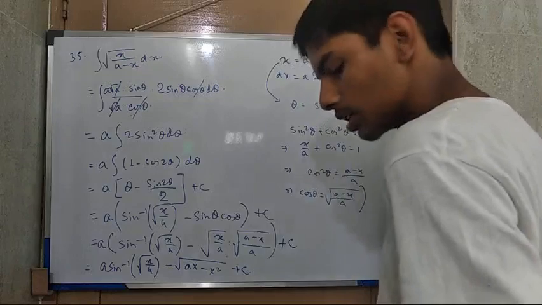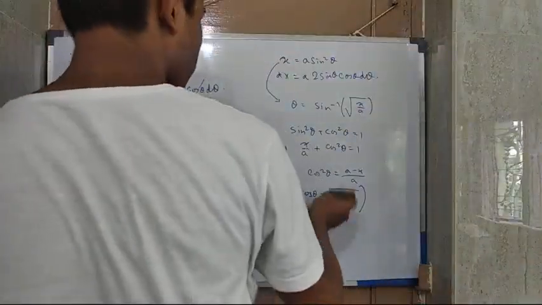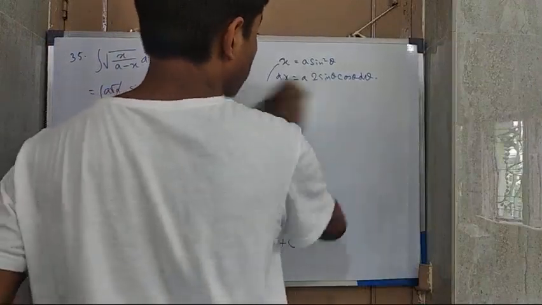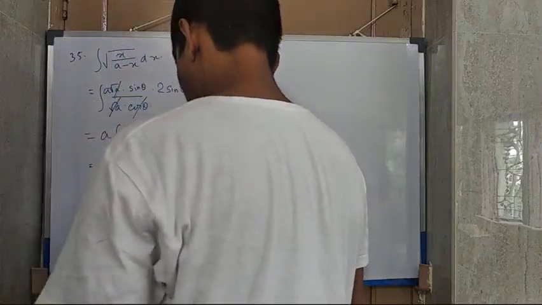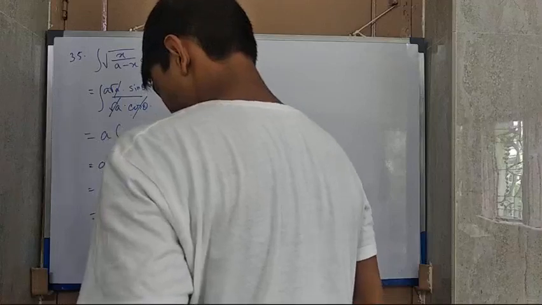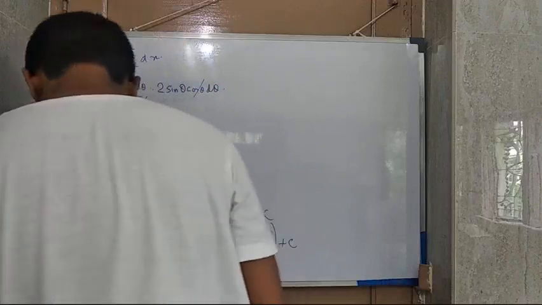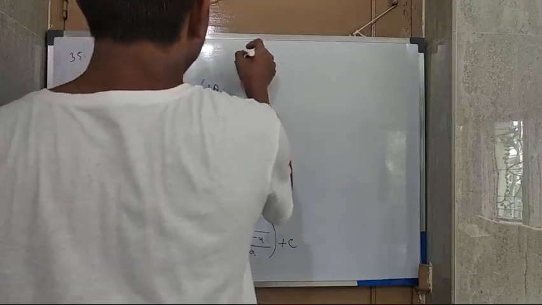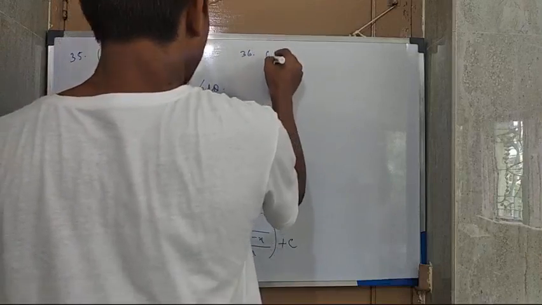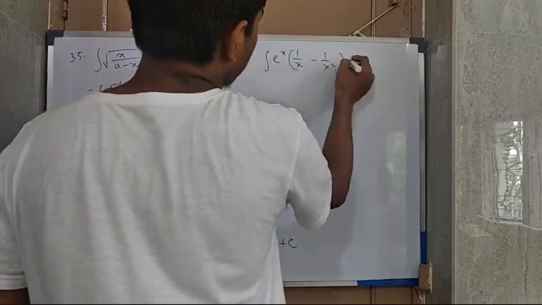Now let's proceed to the 36th question. So the 36th question is integral of e to the power x times (1 by x minus 1 by x squared) dx.